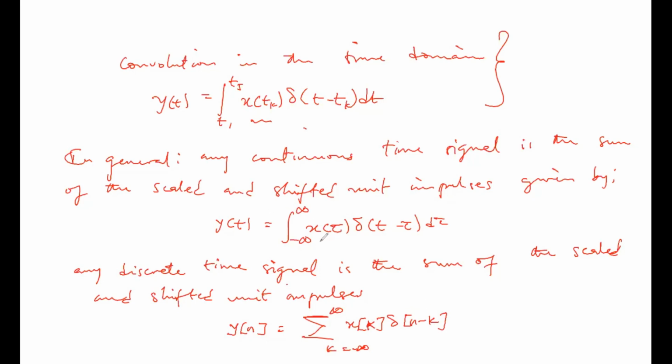So you can see that these are the scale parameters, while these are the shifted parameters.